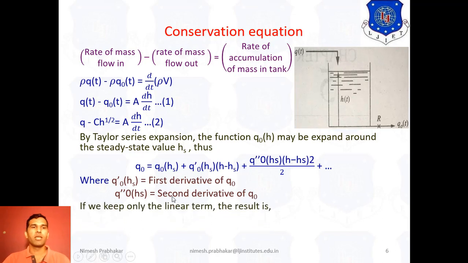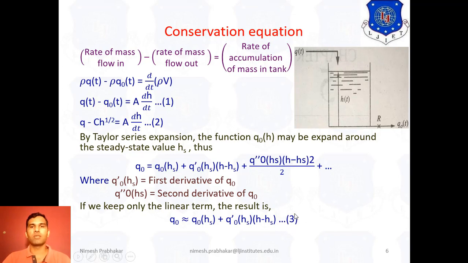Now, if we keep only the linear term, we do not keep the Q0 double dash term. So we can write Q0 is equal to Q0(h_s) plus Q0 dash (h_s) times (h minus h_s).